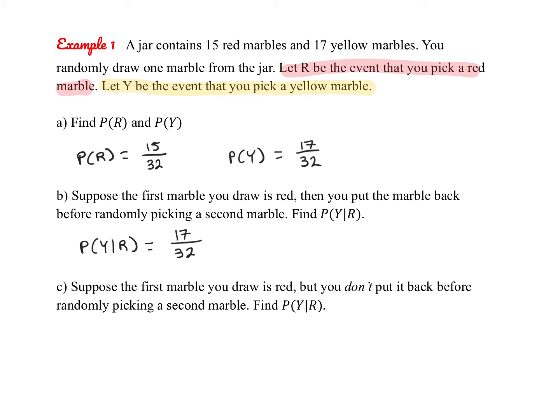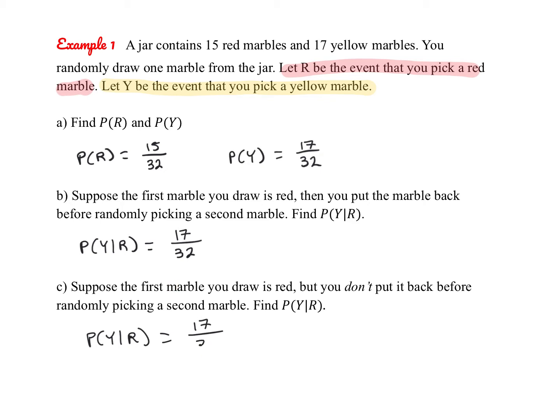Now let's look at part C. Suppose the first marble you draw is red, but then you don't put it back before picking a second. Find the probability that the marble is yellow, given that we picked a red. If we look at favorable outcomes, there are still 17 marbles to pick from. However, the total number of outcomes for the second pick has changed because we have taken a marble out.